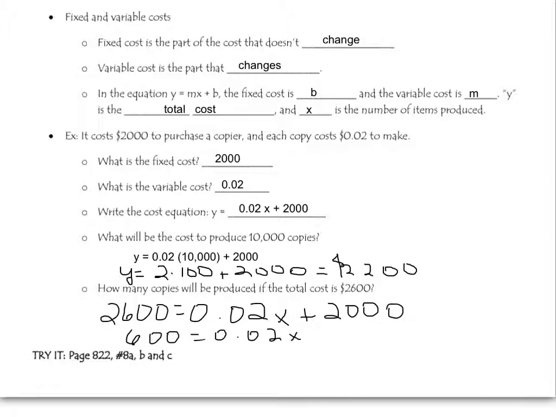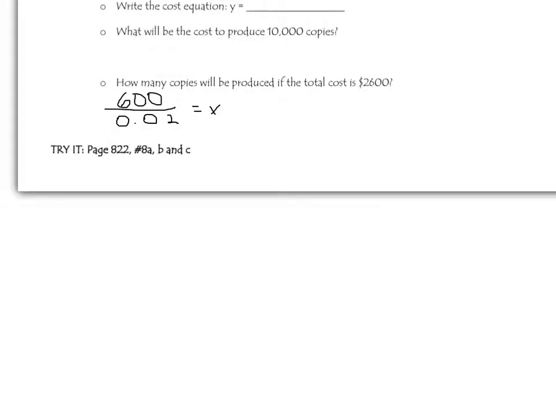0.02x. And then we divide both sides by 0.02 equals x. You can do that with your calculator, or you can remember from math days gone by that when you move the decimal 2 places to the right in the denominator for division, you move the decimals 2 places to the right in your numerator.